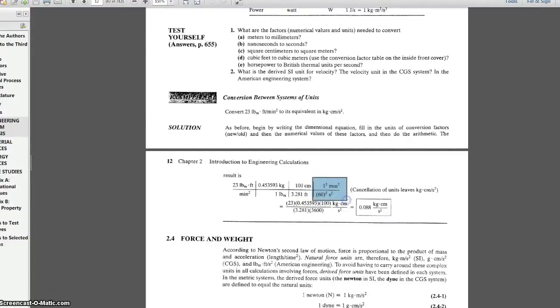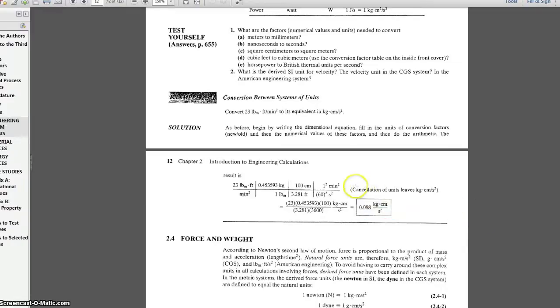So here is the time. A minute is equal to 60 seconds. Since it's squared here, you apply the square on each side. So the idea here is the calculation, and that's your answer. As easy as that.